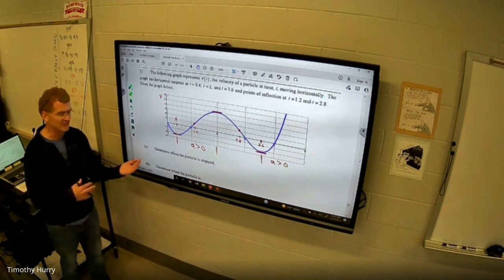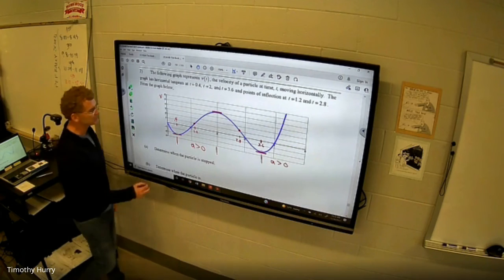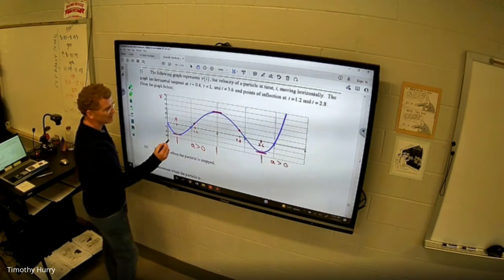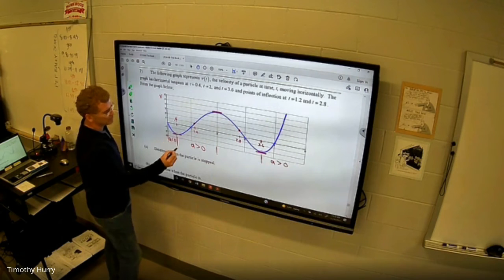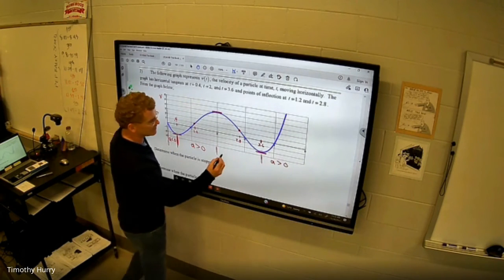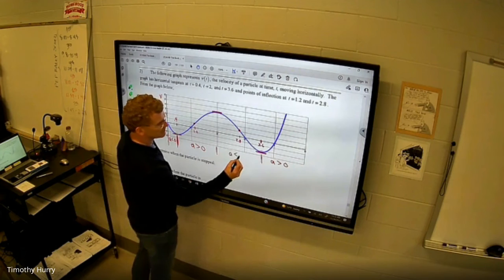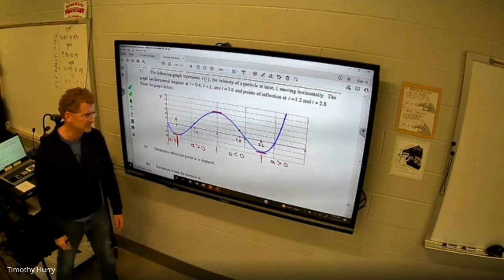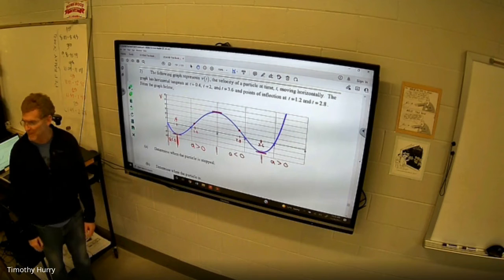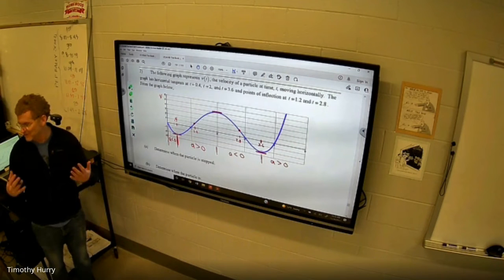And then conversely, where would it be negative? From 0 to 0.4 and also 2 to 3.6. Are you with me on that? Okay, now let's put it together.